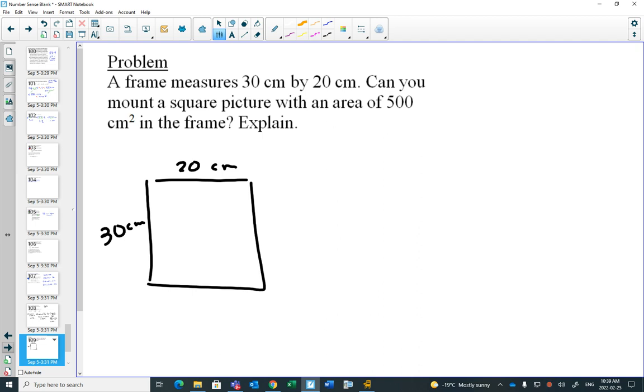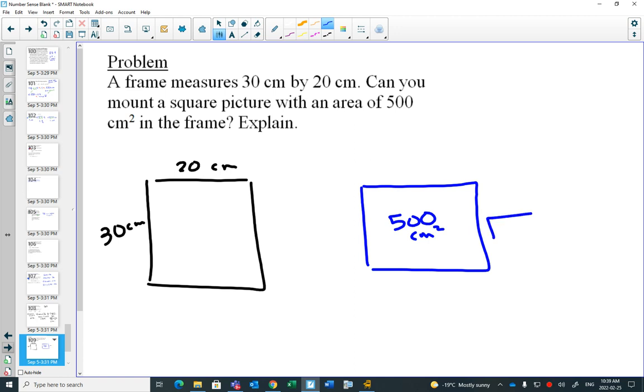You have a picture of your math teacher. Oh, I know. Everybody has one in their wallet, I know. 500 centimeters squared. And since it is a perfect square, you can find the side length of this by doing the square root of 500.